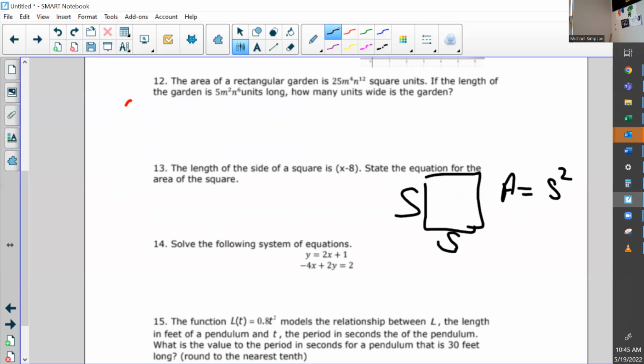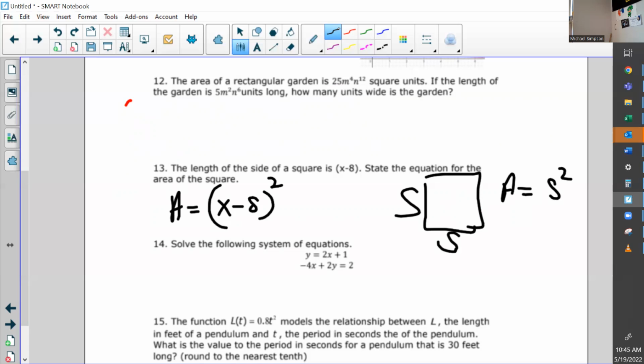They tell you the side is x minus 8, so the area is going to equal x minus 8 squared. That's just the area formula.